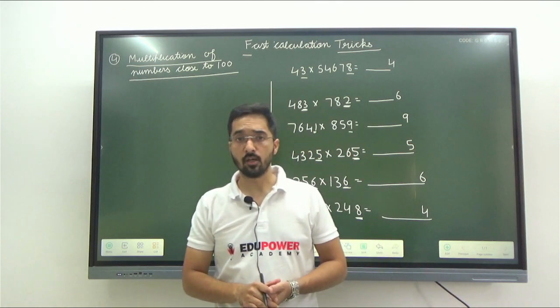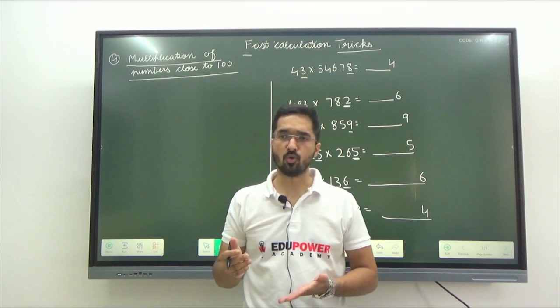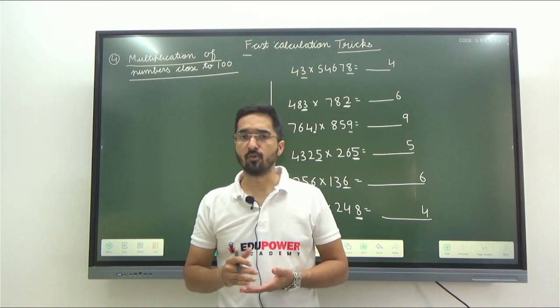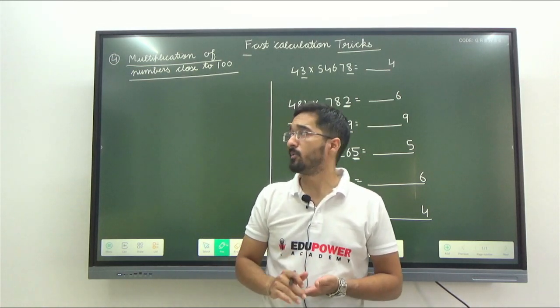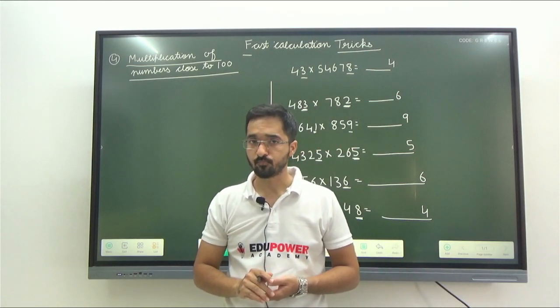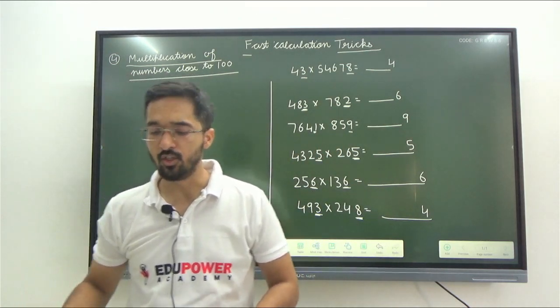So, numbers like 90, 91, 92, 93 and so on up to 99, or numbers like 101, 102, 103, 104 up to 110. When you have to multiply any two numbers which are close to 100, this trick is going to come in handy. Now, in this trick we have to take three cases.